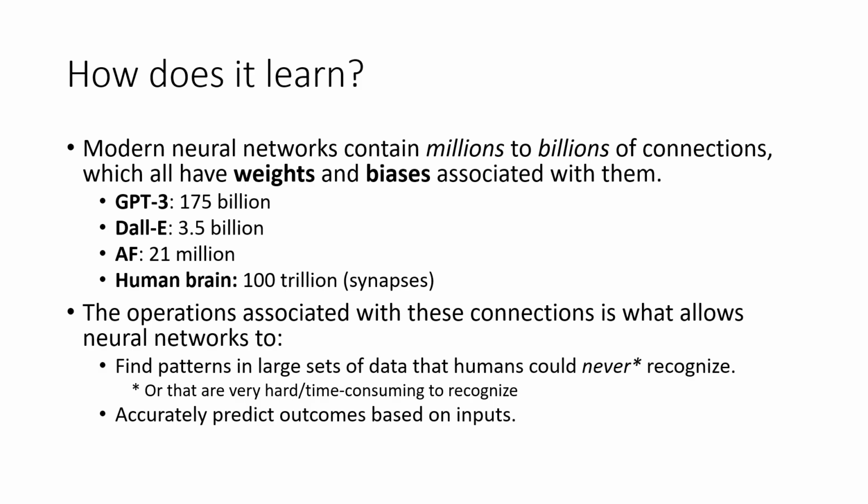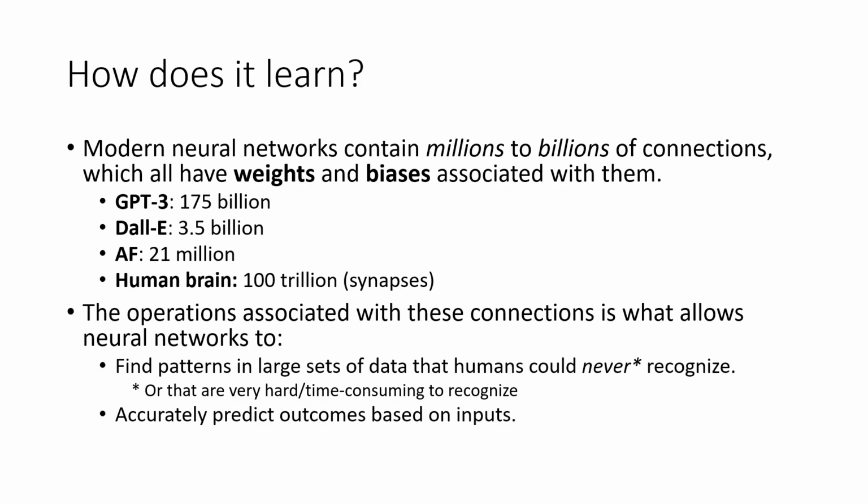Now, how is it able to learn? Modern neural networks have millions to billions of connections, all of which have weights and biases associated with them, as we discussed earlier. And here we can see a quick comparison between the number of connections that these modern neural networks have compared to the brain, which is much more complex, and that's why the brain is able to perform much more complex tasks than these neural networks we currently have.